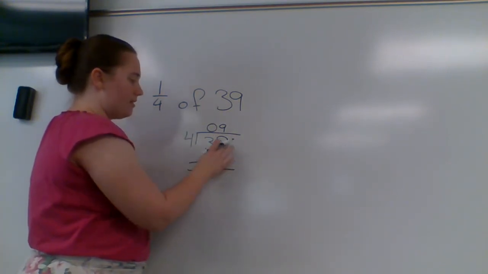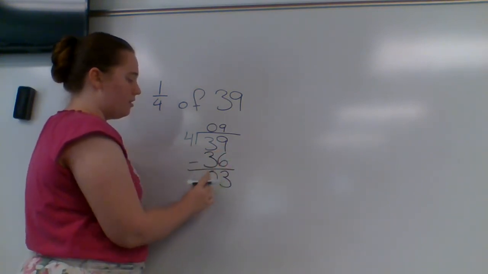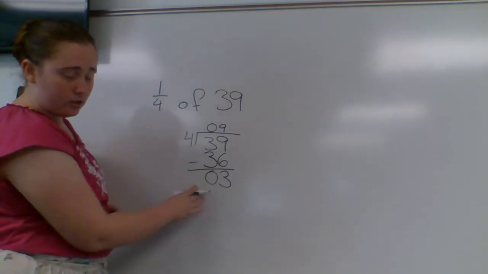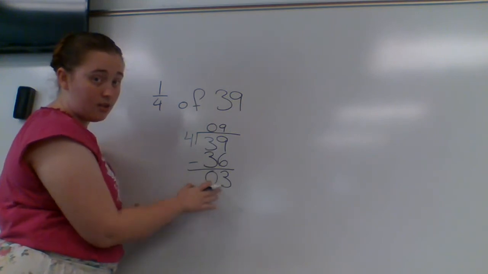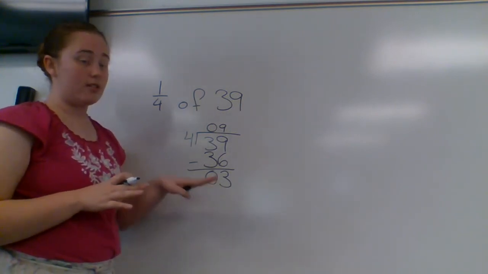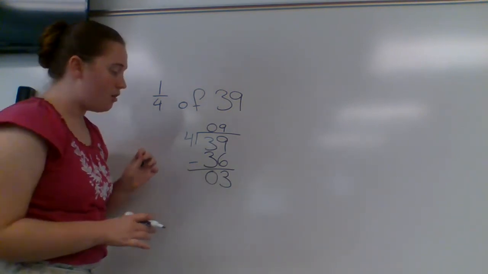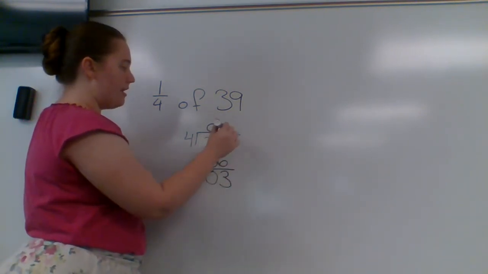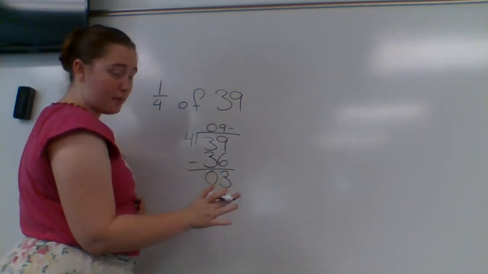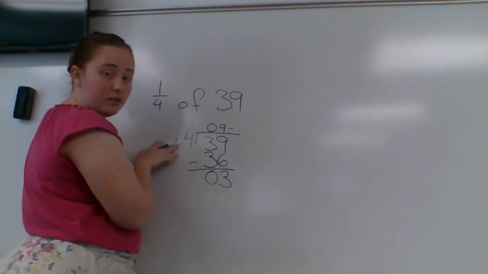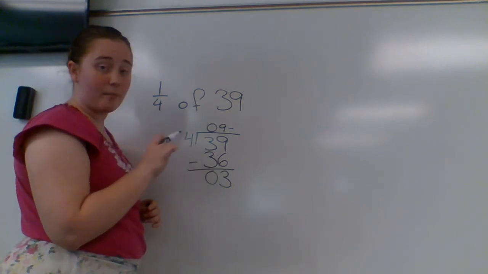When I subtract, 9 minus 6 is 3. 3 is smaller than 4. So that's my remainder. I'm not going to just put 9 remainder 3. No. What I'm going to do is write this remainder as a fraction. So I have 9, and then my fraction. If you remember how to write your remainder as a fraction, this number over here, whatever this number is, is going to be the bottom number of your fraction, your denominator.